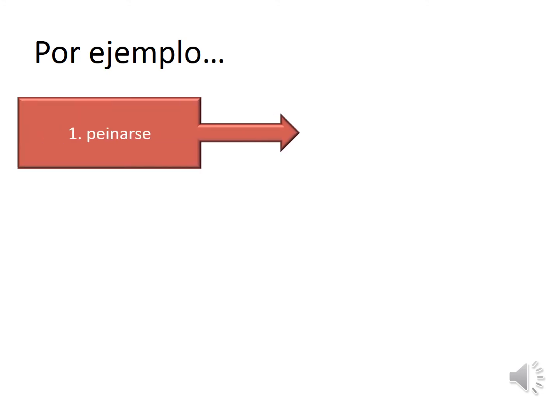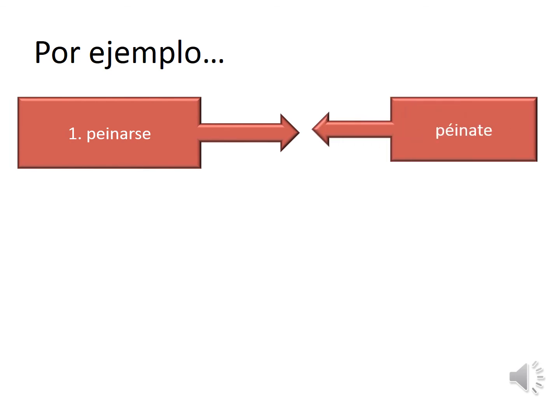One thing to be careful of with some reflexives is that there are exceptions to where we put our accent mark, and that just helps with pronunciation. These are things you have to remember, and if you put the accent on the wrong thing, it wouldn't change the meaning of the word. For example, peinarse becomes péinate, and that's just for pronunciation.